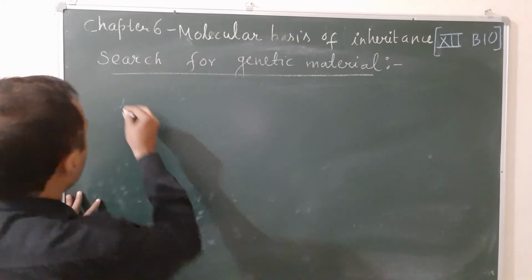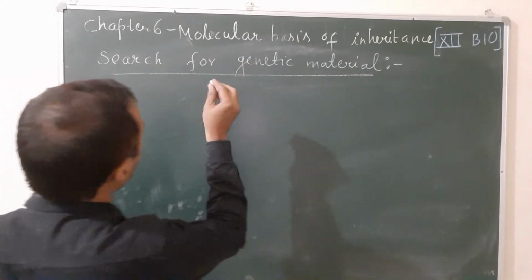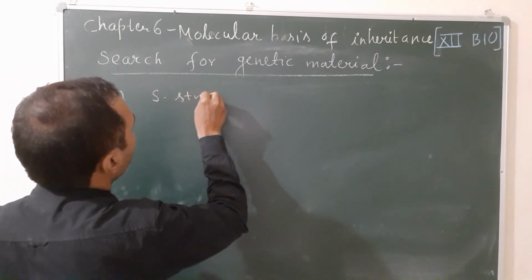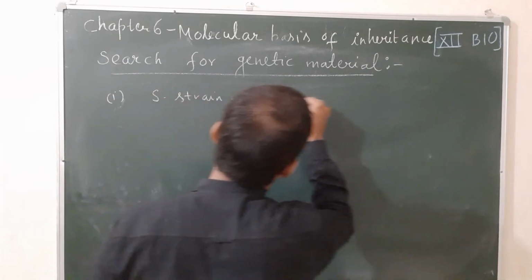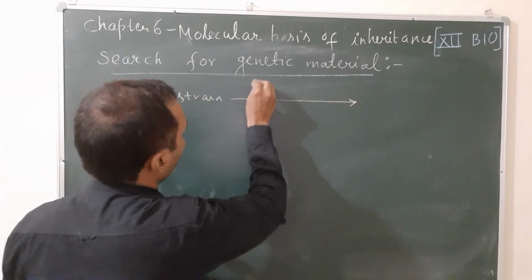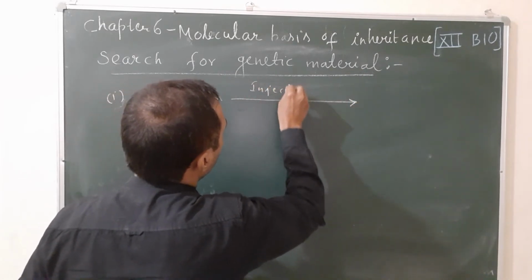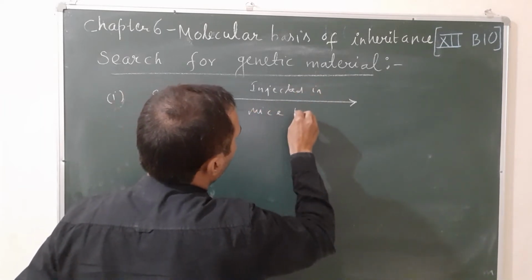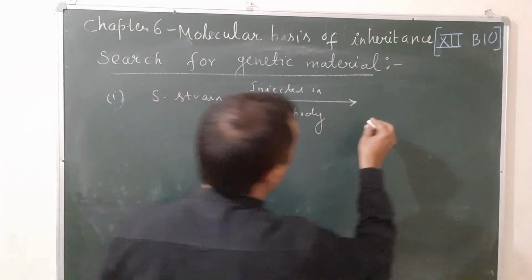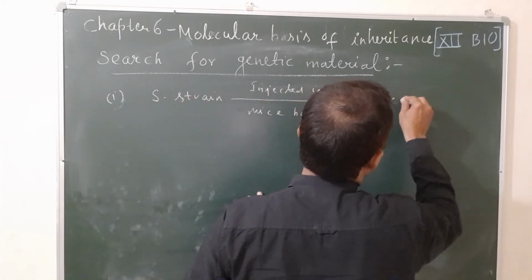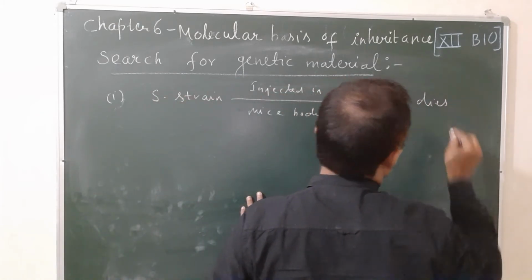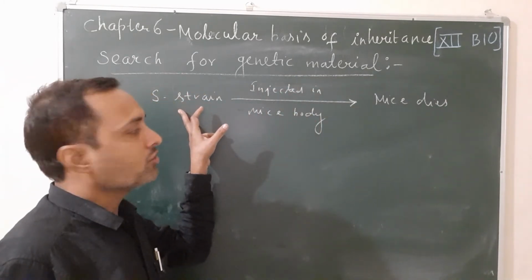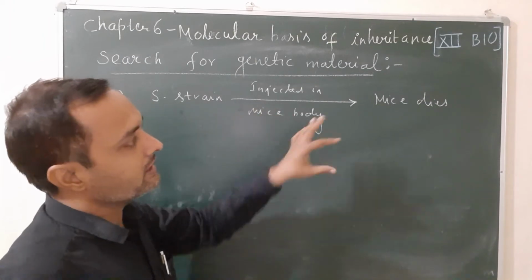The mice die, because the S strain was pathogenic, so the mice suffered from pneumonia and finally died.